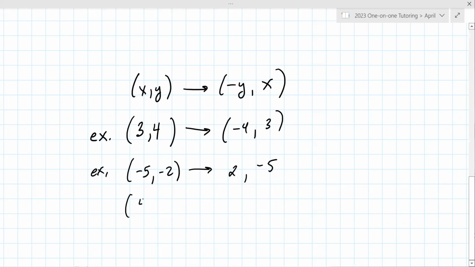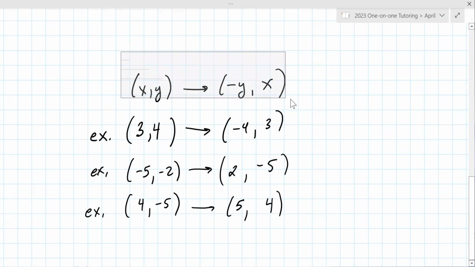How about this one? 5, negative 4. It's definitely 5. What happens to the x value though? Oh, wait a minute. It just becomes positive 4, 5, 4. Good.